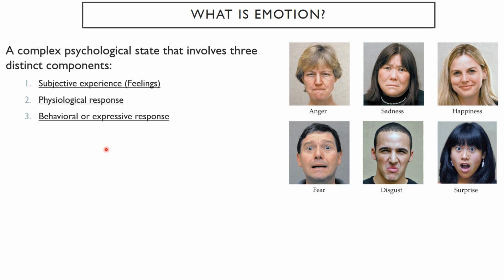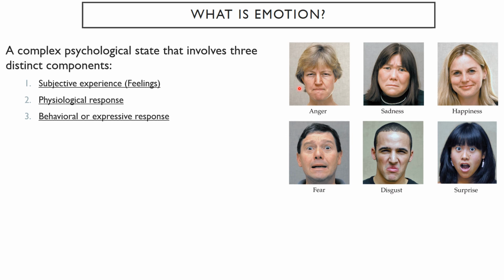And then behavioral or expressive response is another core component. We're looking at these faces here. We have three individuals. They have obviously distinct features, but we can look at how they are expressing themselves, and we can infer very accurately what emotion they're actually expressing.